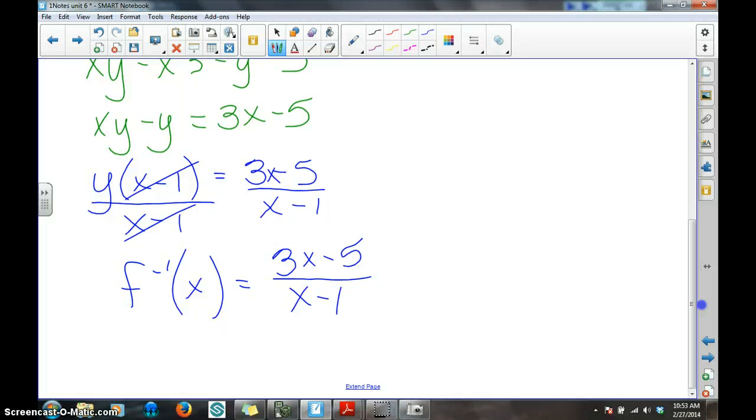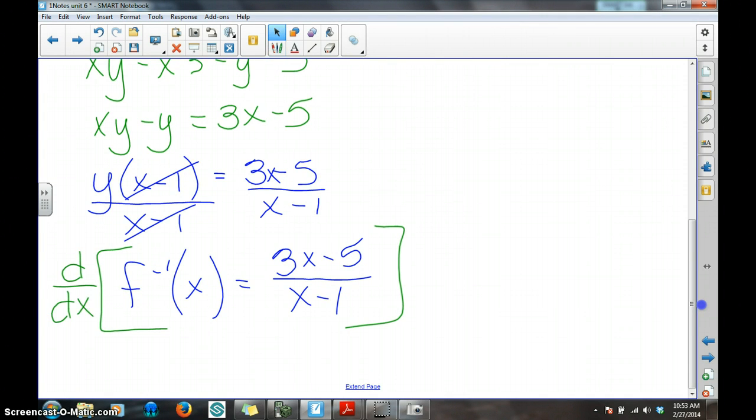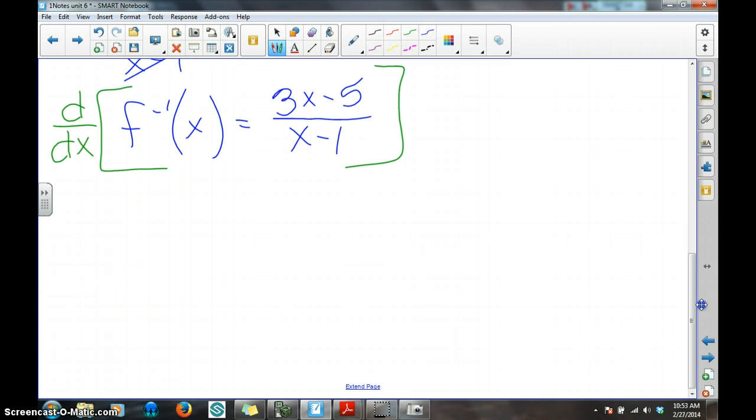Step 2. Take its derivative. So now I'm going to take the derivative of this thing. I'm going to dx it. When I take the derivative of that thing, I got to use the quotient rule.